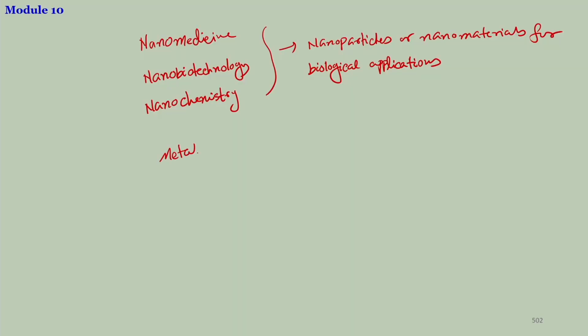And since we are talking about this, the most abundant nanomaterials or nanoparticles that have gained enormous importance are the metal based nanoparticles. I will just talk very briefly about them, because without metal based nanoparticles I think nanobiology or nanobiotechnology or nanomedicine is incomplete.